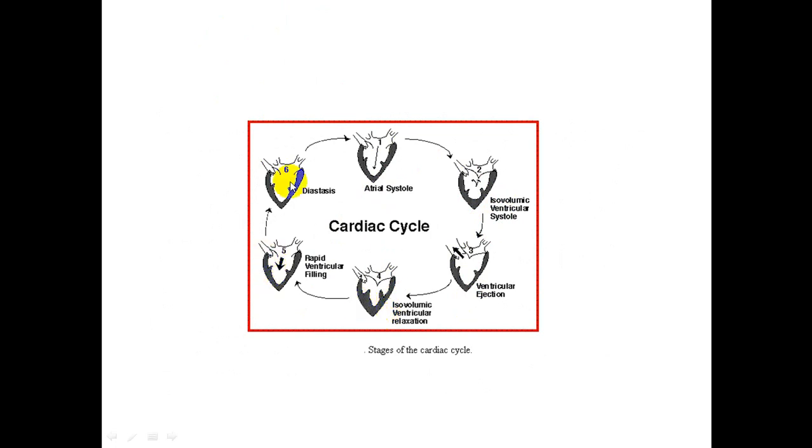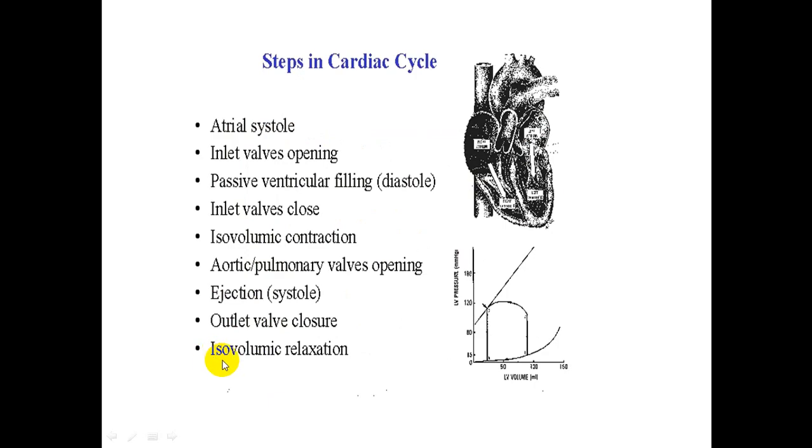And this is diastasis, the longest phase, about 200 milliseconds. The whole cycle is about 800 milliseconds, with ejection in 2 parts. We will study this in detail in the coming lectures.